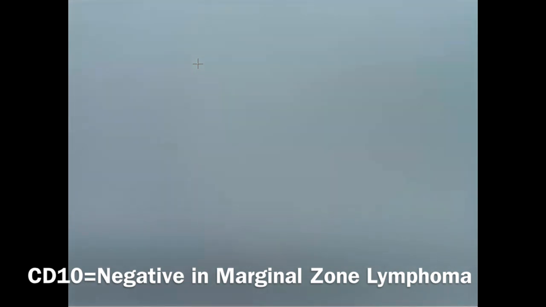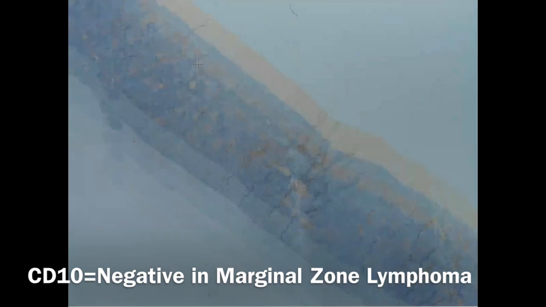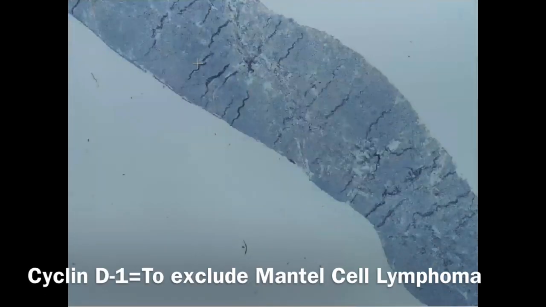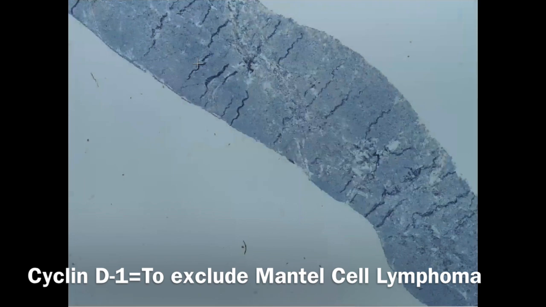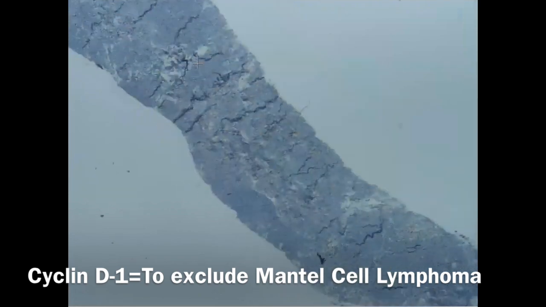So we are at marginal zone or lymphoplasmacytic lymphoma, though LPL is rare to happen in the lymph nodes. Let's also exclude mantle cell 100%. This is cyclin D. It should be positive if this is a mantle cell lymphoma, and here it's all negative.